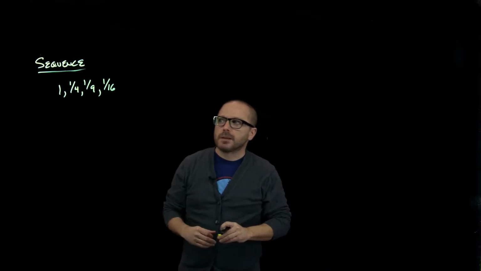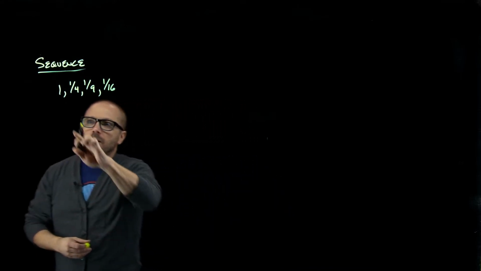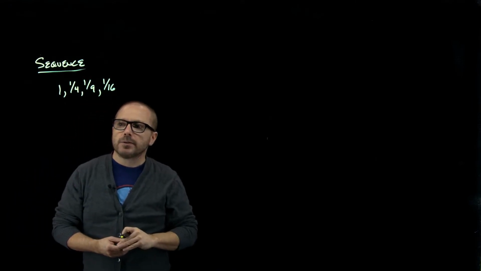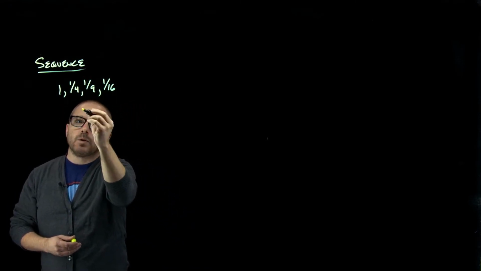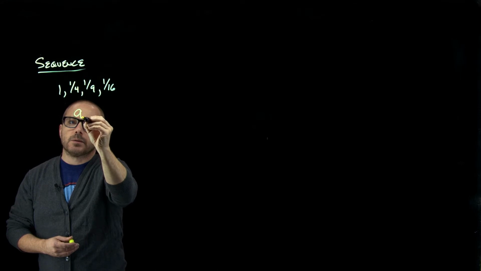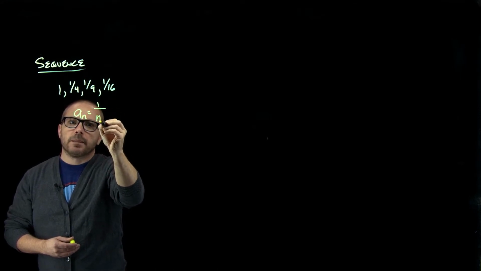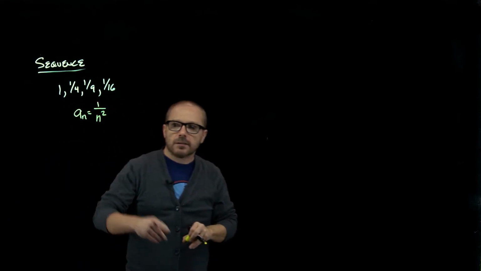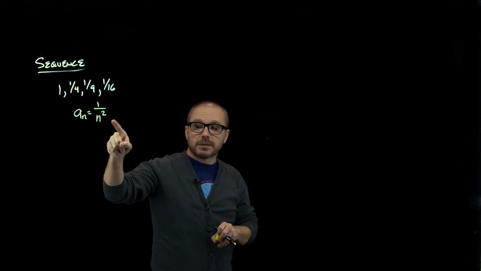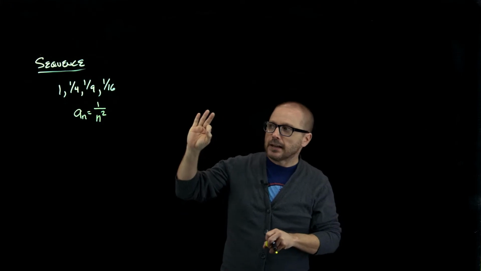I could put a formula for that. Sequences we usually refer to by their terms, and we'll talk about this in more detail in a little bit, but really this is 1 over n squared. And we use n specifically to mean that you're only plugging in natural numbers.